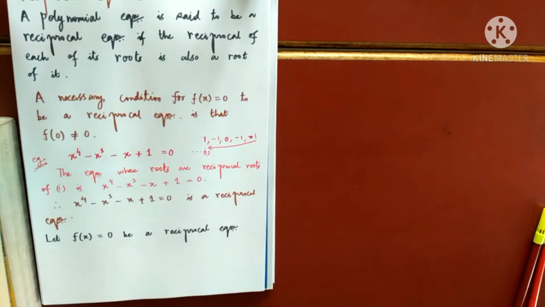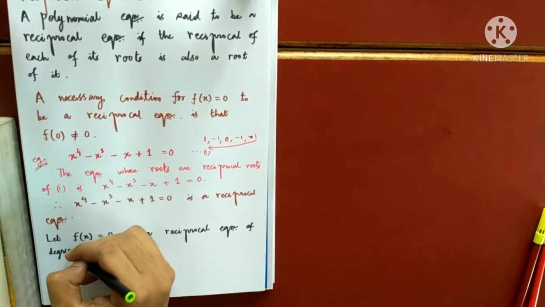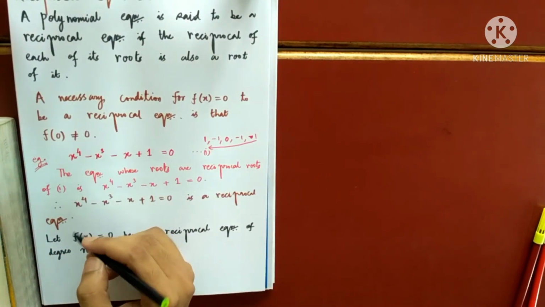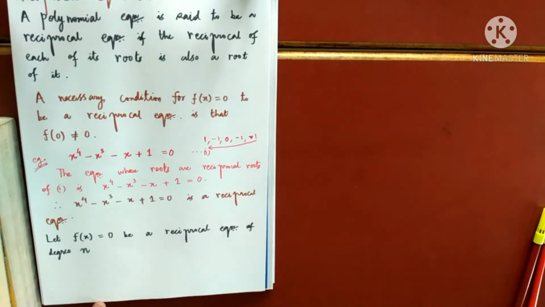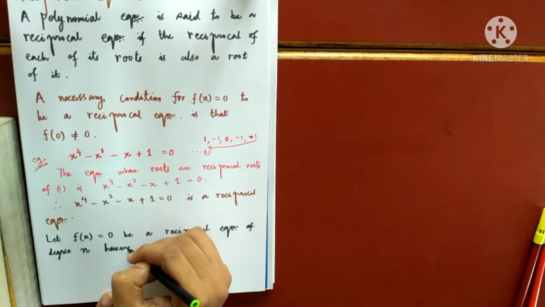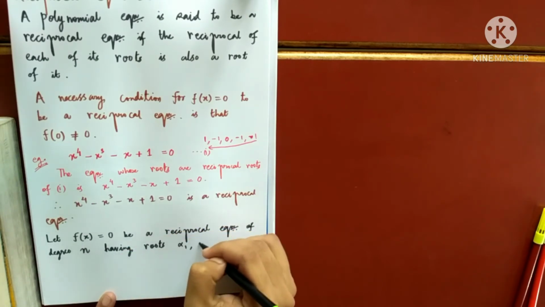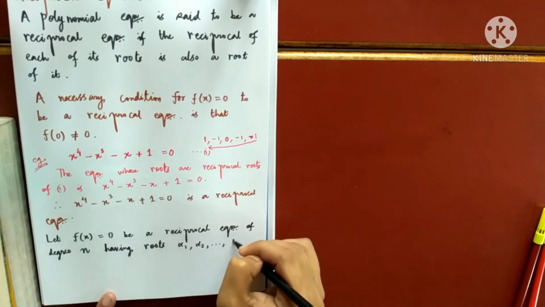Just see this. Let this be a reciprocal equation of degree n having roots alpha 1, alpha 2, ... alpha n.